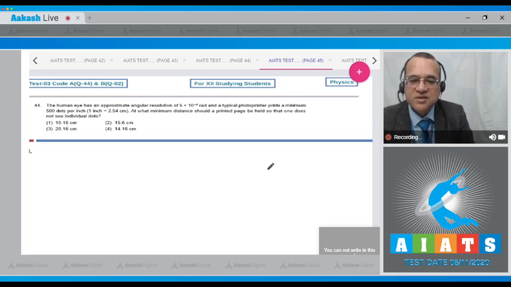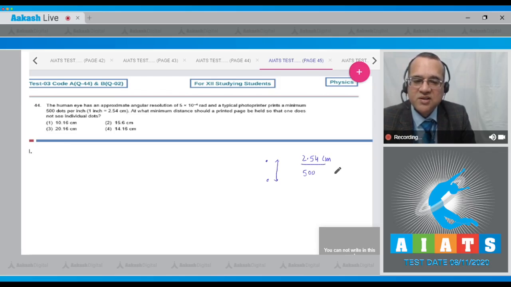Now, dear students, let's find the spacing between the two dots. In 2.54 centimeter of space, 500 dots are created, so this is the distance between any two adjacent dots.